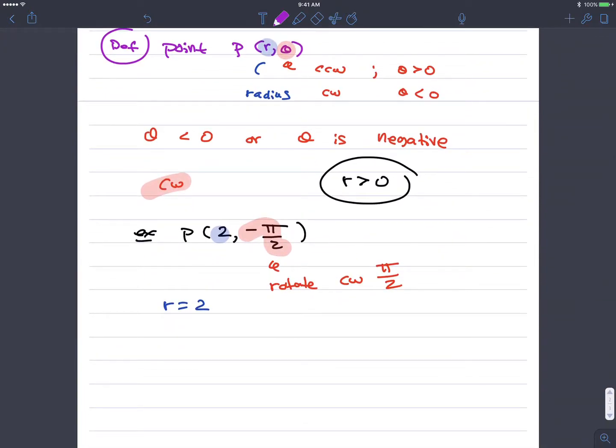So there are a lot of points that are the same. That's not really well defined, but we just have to practice plotting these things.